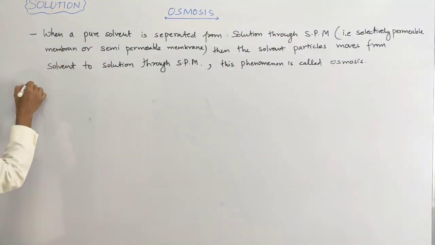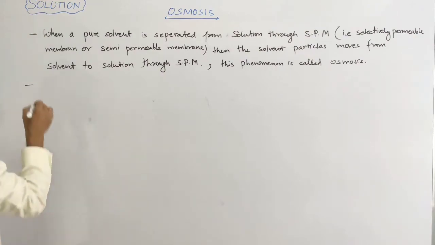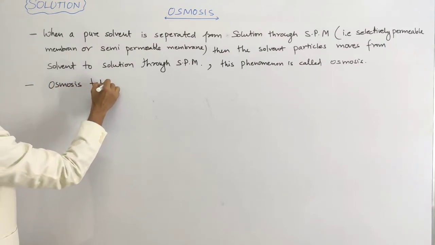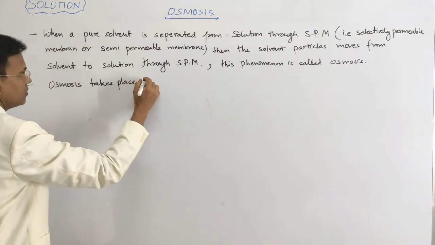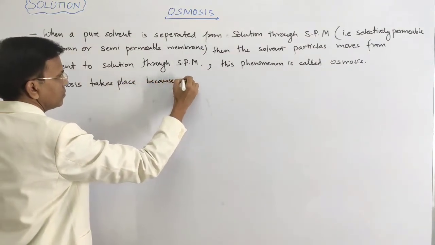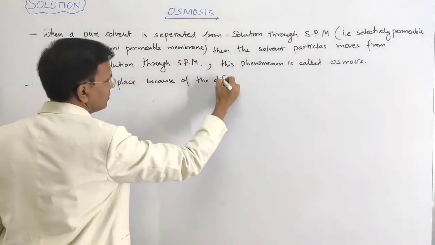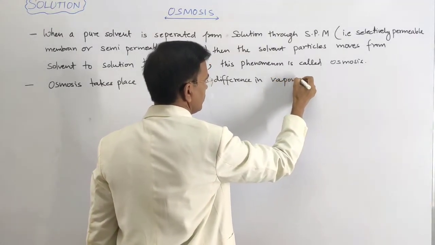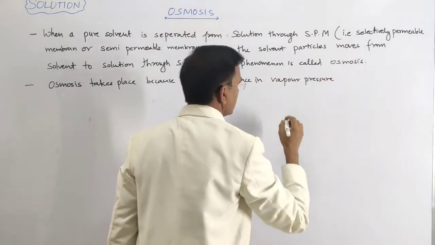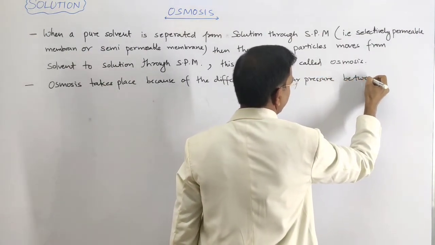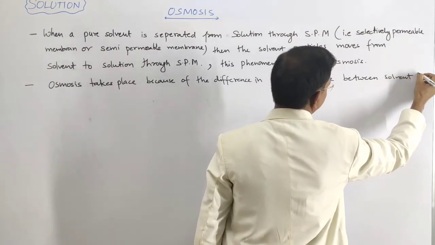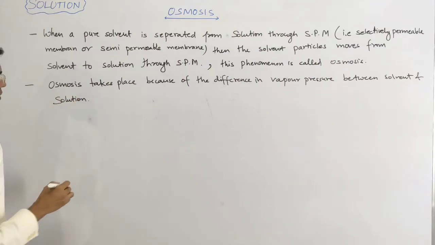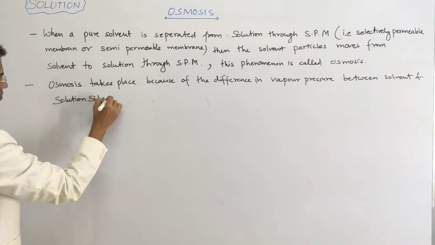Right? Now, this osmosis takes place because of the difference in vapor pressure between the solvent and solution side.